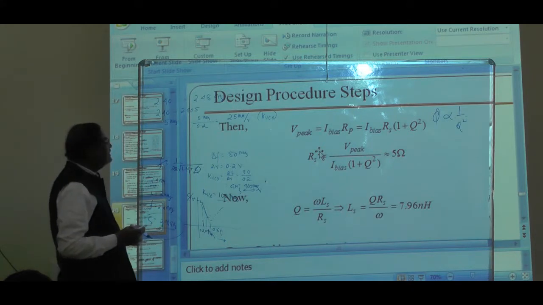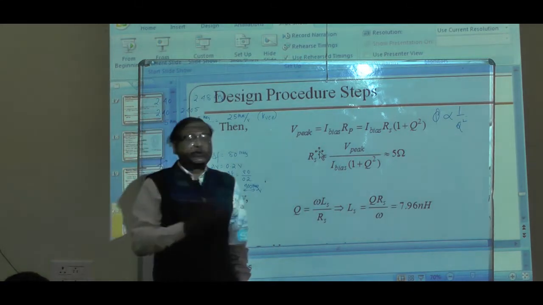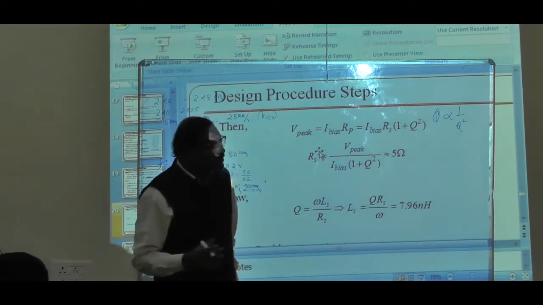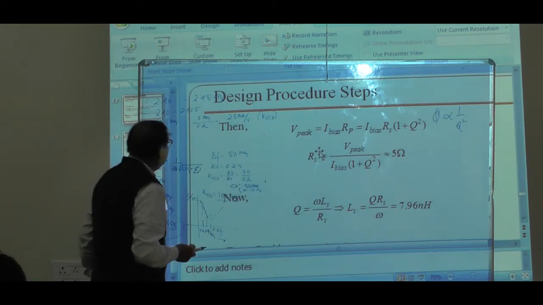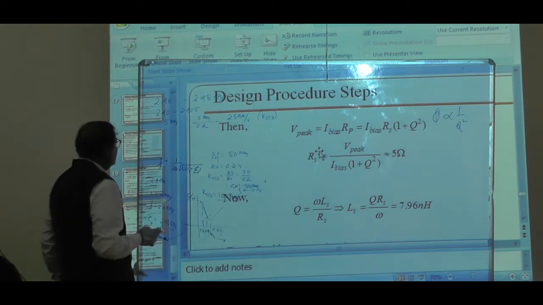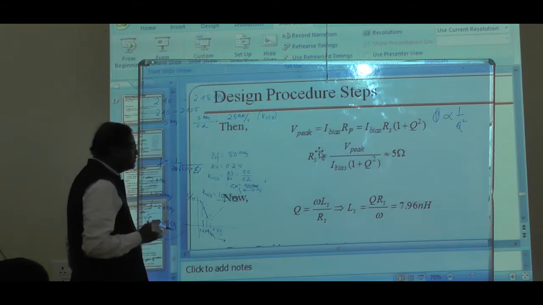That means you can always make a coarse adjustment of your frequency, which is called coarse tuning, by those band select filters, and then you go for your fine tuning by the MOS varactor.